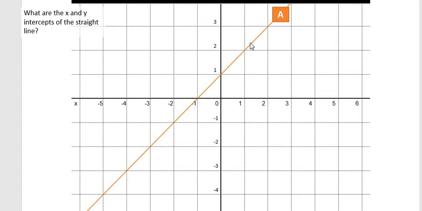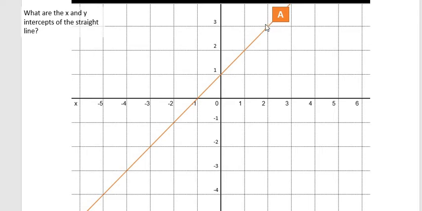the question is, what are its intercepts? In other words, where does this graph intercept the y-axis, and where does it intercept the x-axis? All it's asking for are the values on the x-axis and y-axis where the graph intercepts both of those axes.